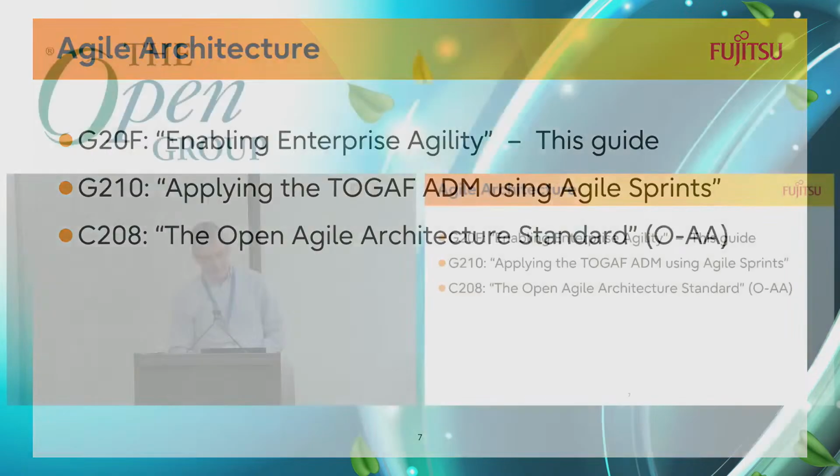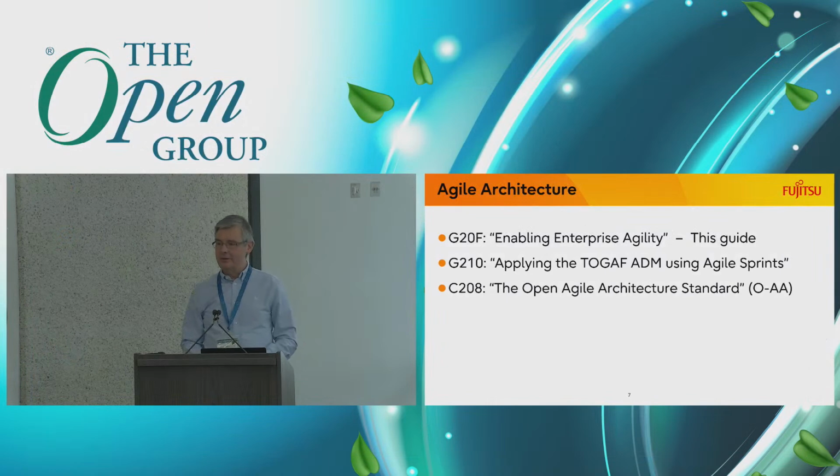And then also, I'd encourage you to look at the Open Agile Architecture work, known as the OAA to its friends. That's another product of the Architecture Forum, which of course is a forum in the Open Group that owns TOGAF. And I should give a shout out to the chair of the OAA work over there, Steve Nicol.